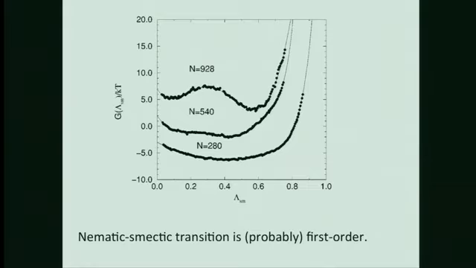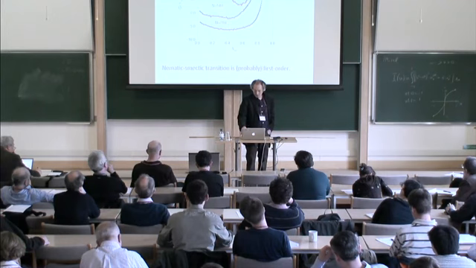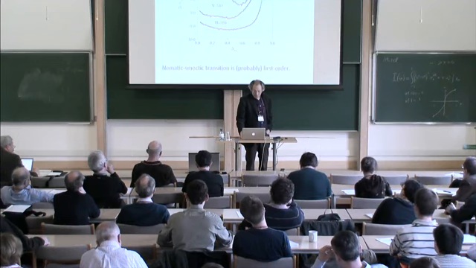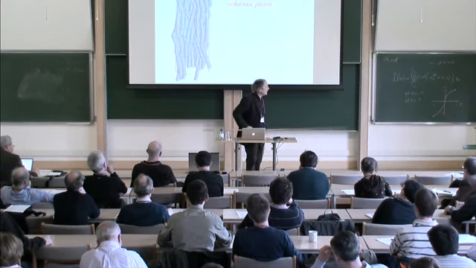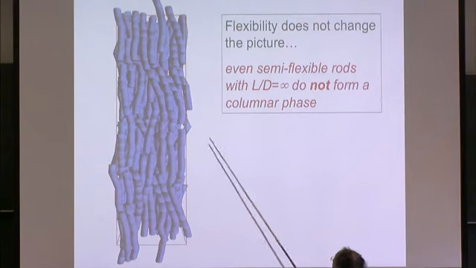The last thing I want to say about this transition is that, of course, if you look at experiments, people have done experiments on the transition nematic to smectic with virus particles. So Seth Fraden and his collaborators have worked with the fd virus, and they ask, what's the effect of flexibility? You can even do the same transformation, this Procrustean simulation, if you take semi-flexible particles, unless you make the flexibility too large.